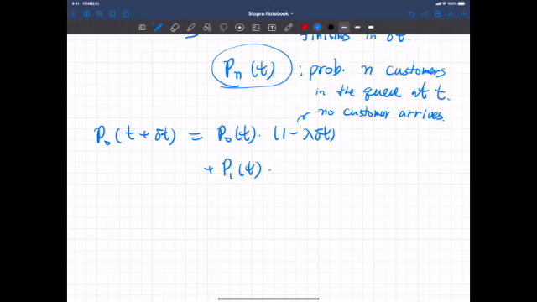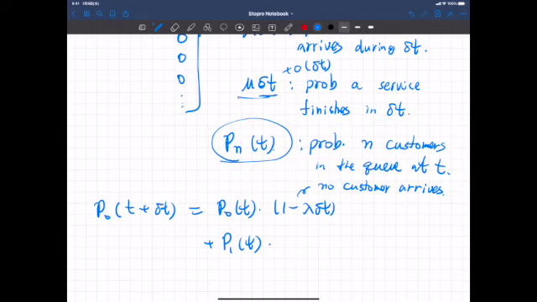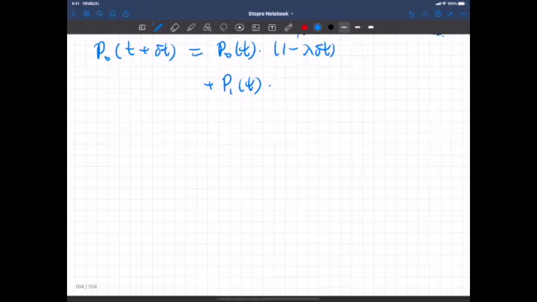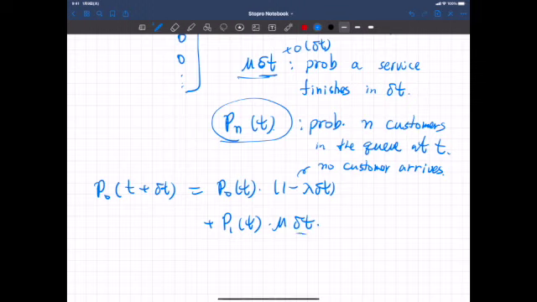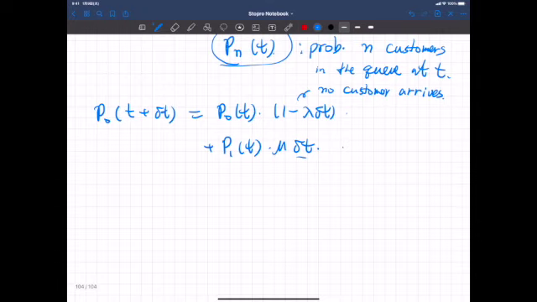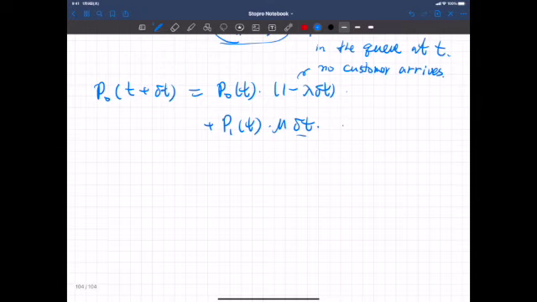That probability is, by this assumption, mu delta t. And as long as delta t is short enough, these two cases are all we should consider. So that's it for the 0 customer case.